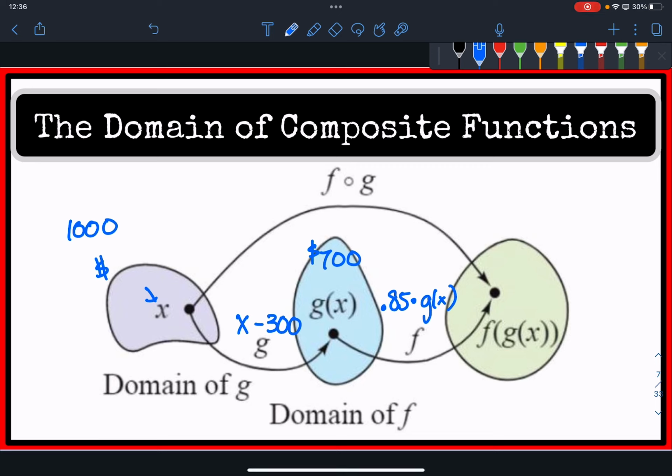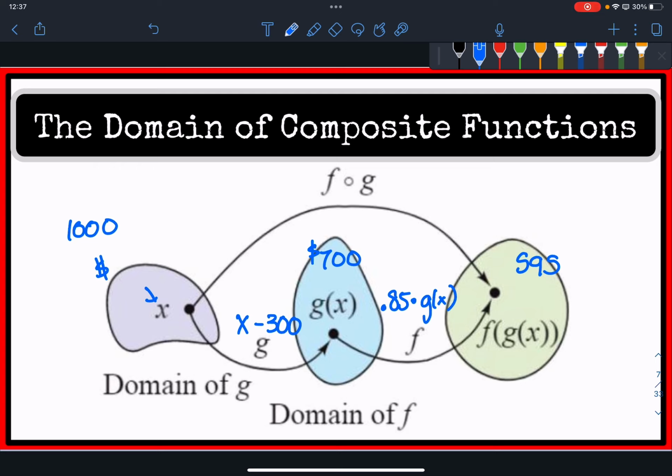So I'm paying 85% of those $700, not the 1,000, which is going to bring my price to $595. So this is an example of what a composition function does.